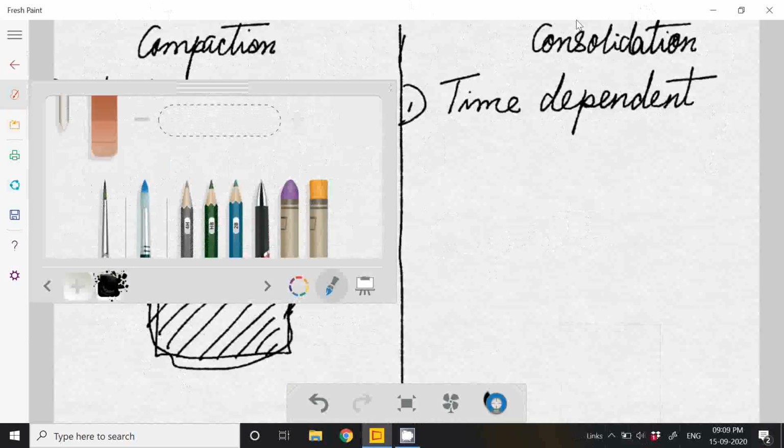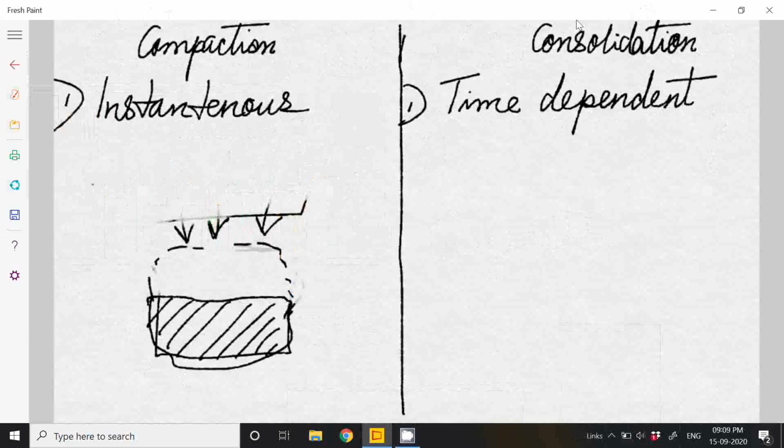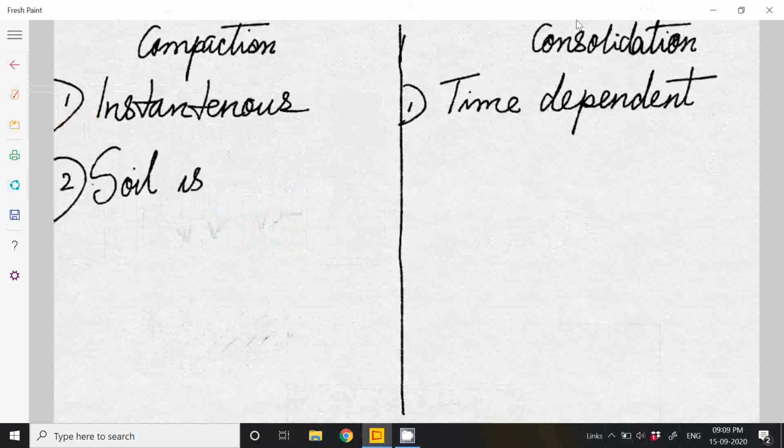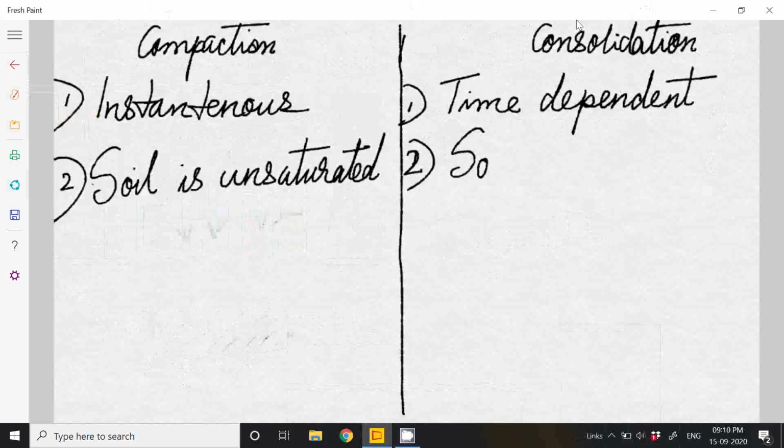Let us go to the next one. Number two, in compaction the soil is unsaturated, and here in consolidation the soil is saturated.